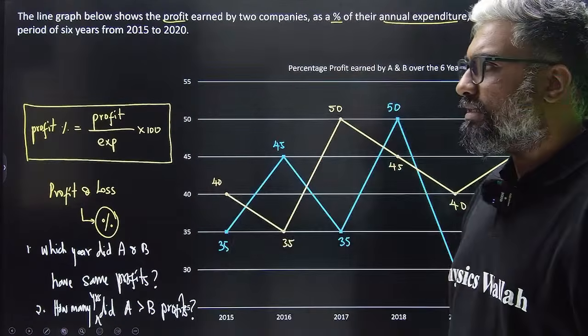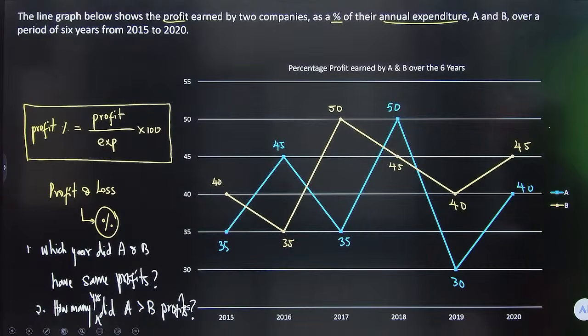Can you at least answer that? Quick. Anybody? How many years did A have more profits than B?